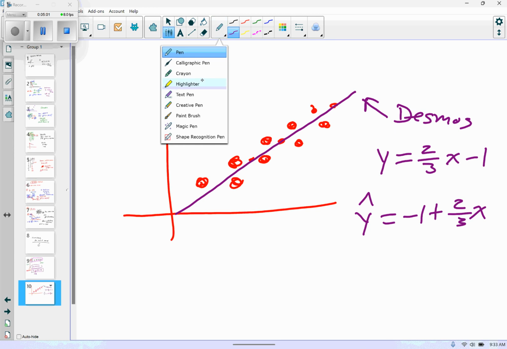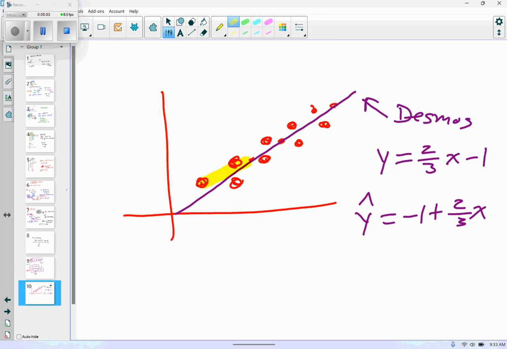If I make a prediction within my data, here's my data. Within this yellow region, all of my data points exist. Do you feel comfortable with that statement?